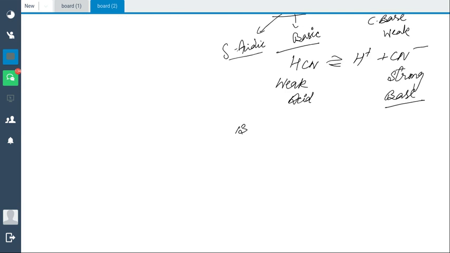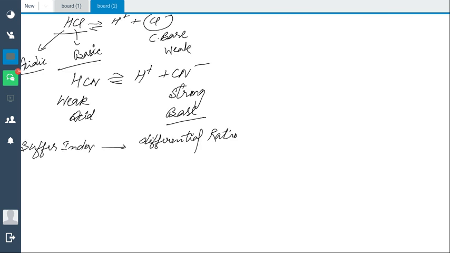If I want to define it out, buffer index is the ratio of, it is a differential ratio rather, I should say, of d of number of moles of base added, d of pH.